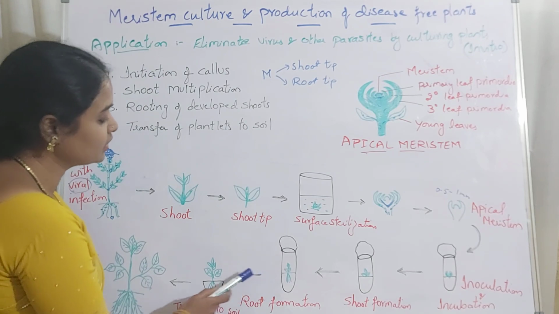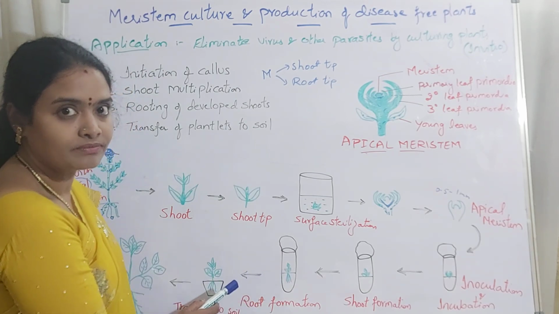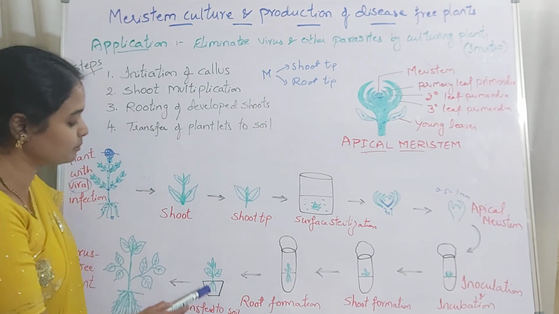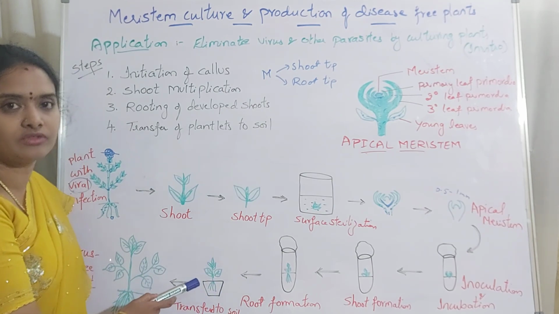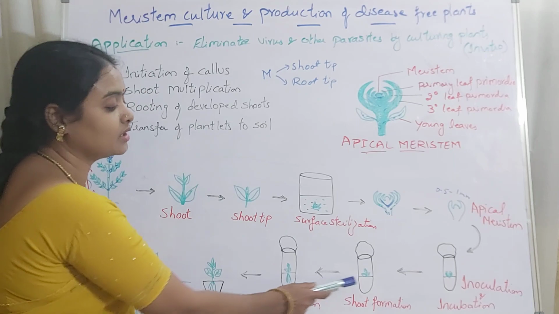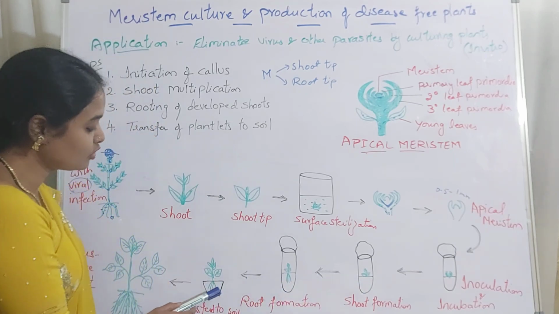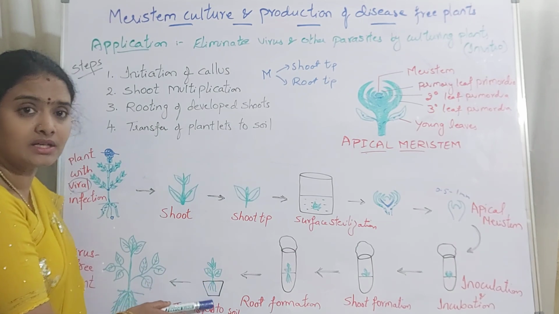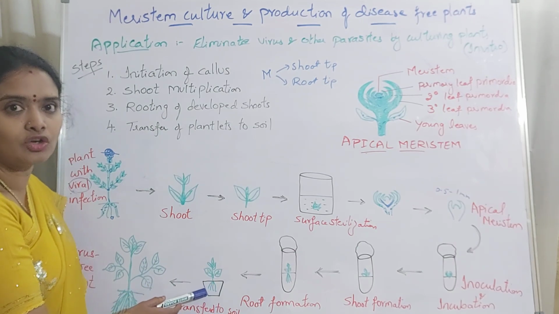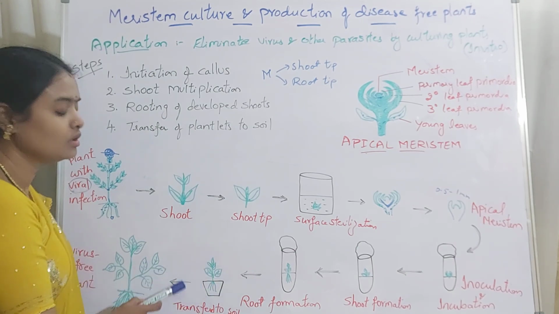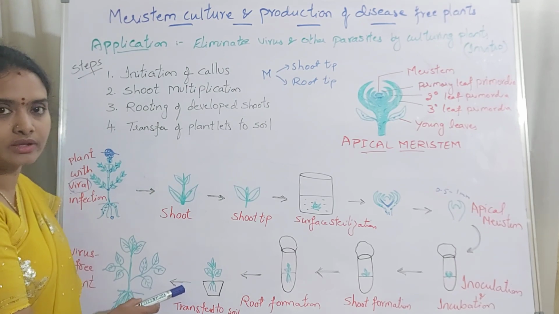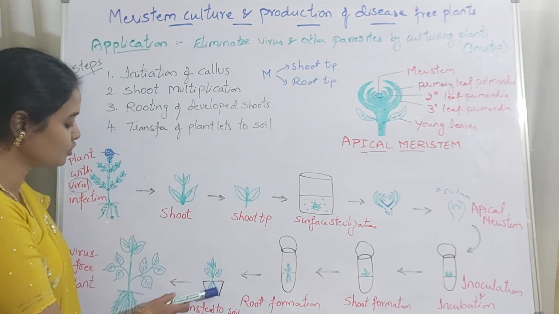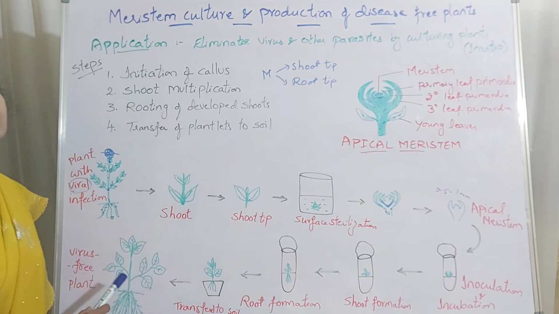In between, you have the greenhouse where the acclimatization or the hardening process will be done, so that the plant will get adjusted to the new environment, because till now you are growing in ready-made media. Now the plant has to survive or fix itself in the soil, in the natural environment. Then you are allowing them to grow in the greenhouse, okay, where humidity, light, temperature, everything is maintained. Then you are transferring them to the outside environment.